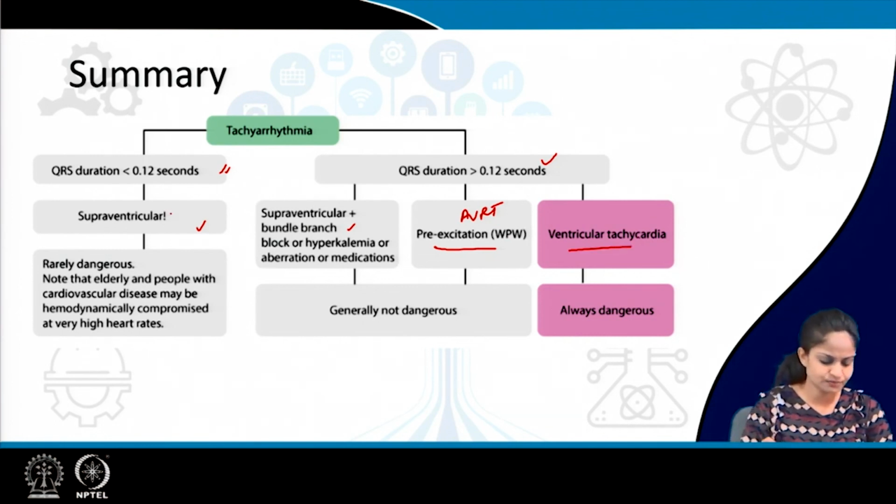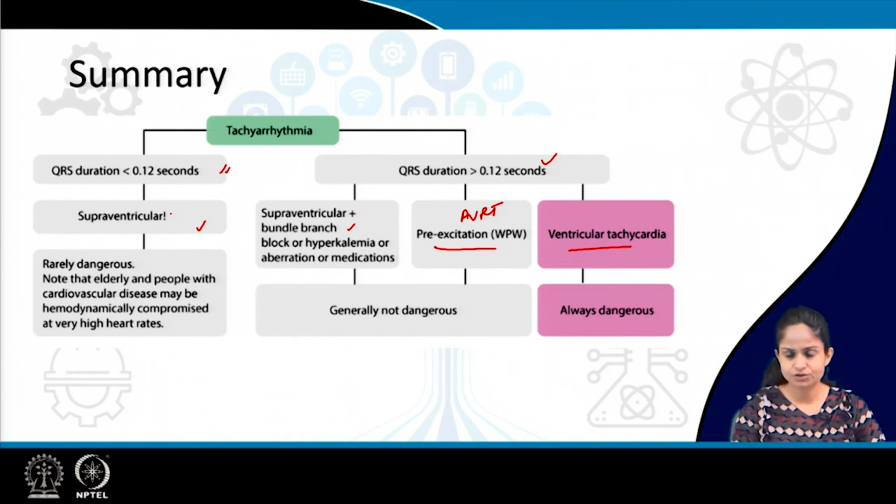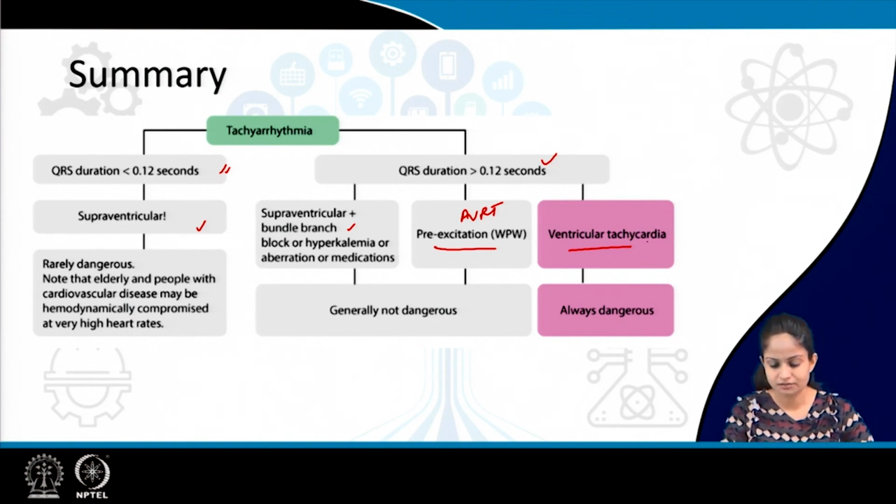Supraventricular tachycardia is usually not that dangerous, but in case of Wolff Parkinson White syndrome or any ischemic heart disease present with the supraventricular tachycardia, proper care should be taken.